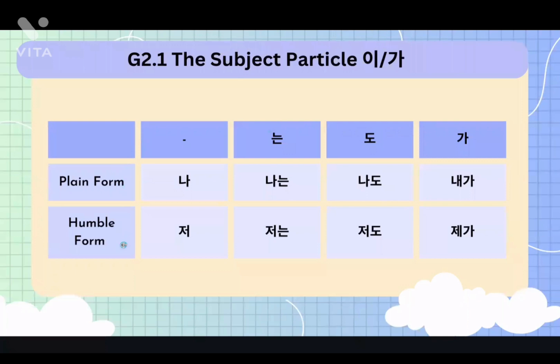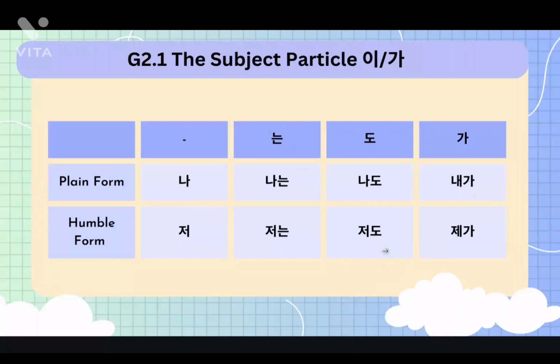We already learned this form, right? So it's about the first person pronoun 나. So 나's humble form is 저, 그죠? So it is 는, 나는, 저는. So you can say 나는 or 저는. 자, then what about 도? 도가 되겠죠? 자, 도라는 표현은 what? 나도, you can say 저도.